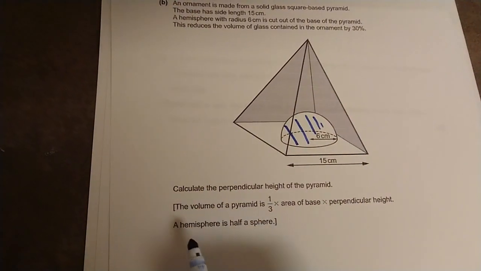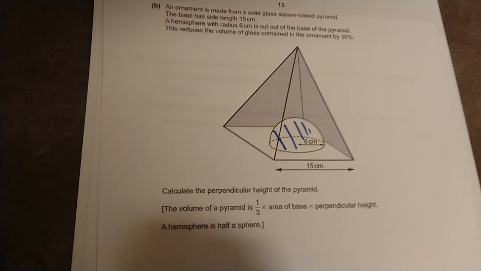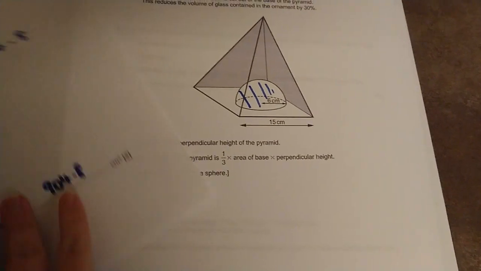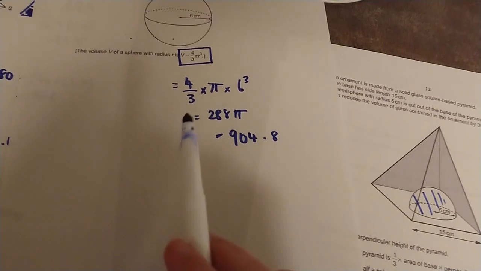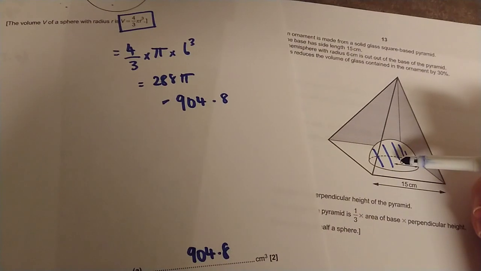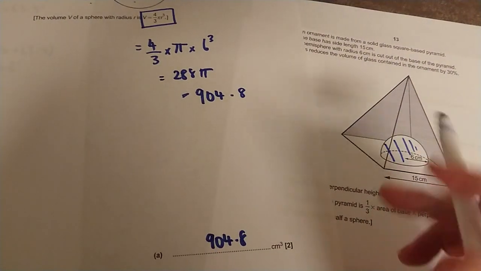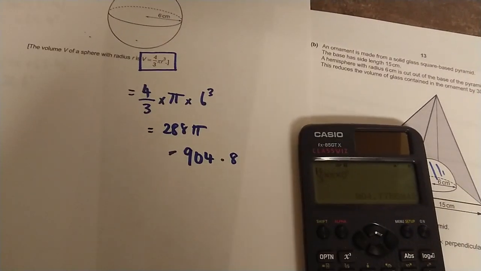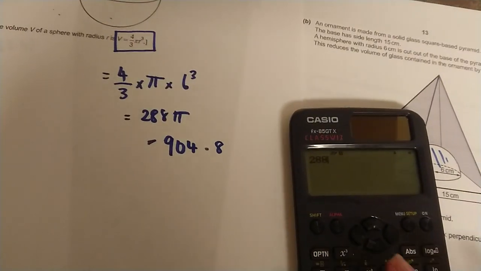Now remember, it does remind you here, a hemisphere is half a sphere, and we had the formula for a sphere over here, and we actually worked out the volume of a sphere with radius 6, which is the same as this, but we just want half of it. So what I'm going to do is get my 288 pi back, to be super accurate.